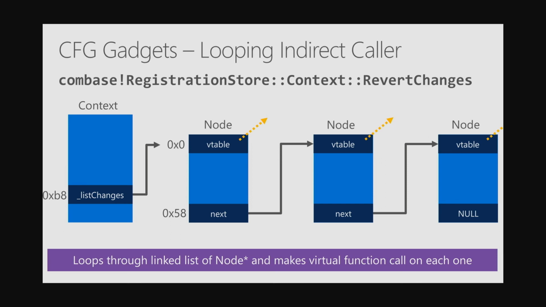On every node structure, it makes a virtual function call. It does not pass any parameters to the virtual function call except for the implied this pointer that is always passed to virtual function calls. And then it just keeps looping through the list. So this effectively gives me the ability to make an unlimited number of indirect calls.